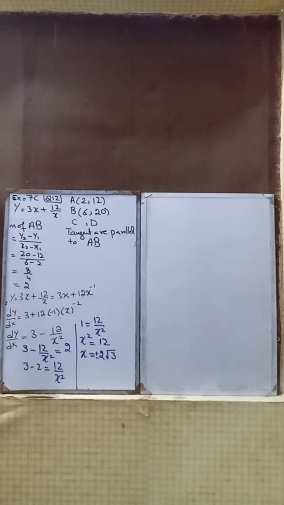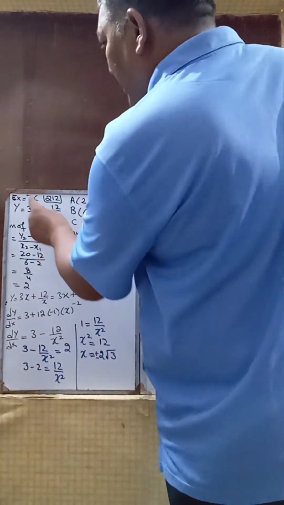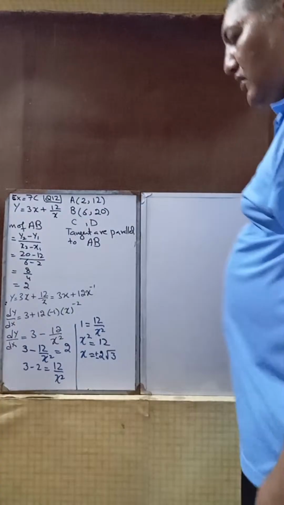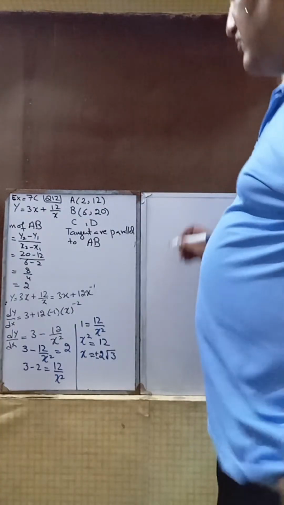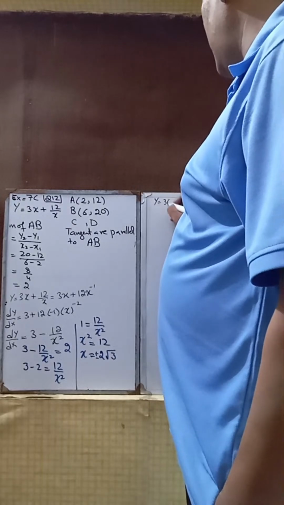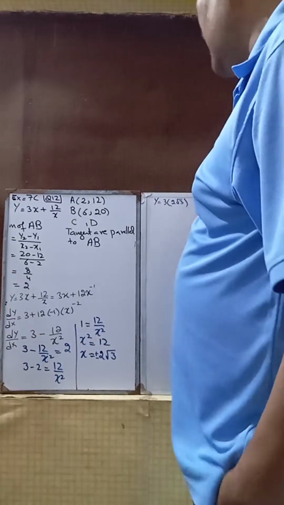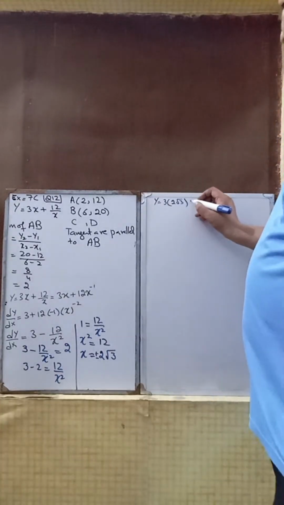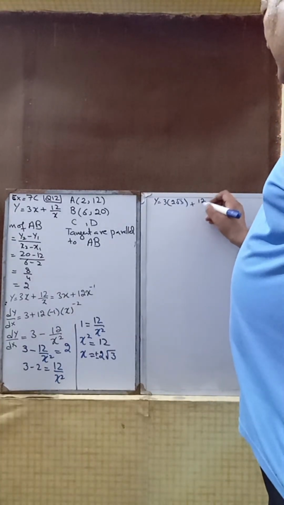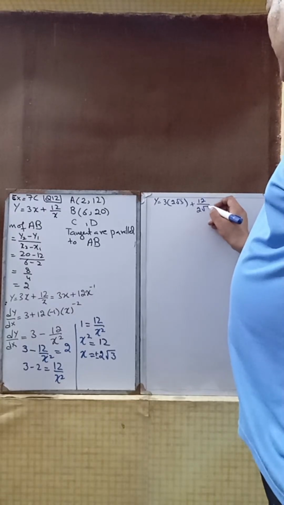Now I will find the value of y by putting these x values into the original equation. First, I will put the positive value. So y will be equal to 3 times 2√3, plus 12 divided by 2√3.